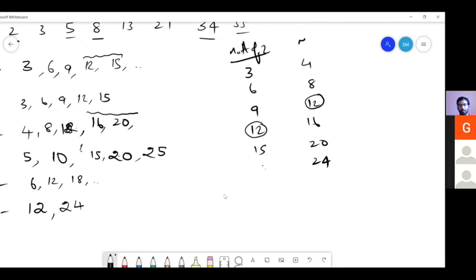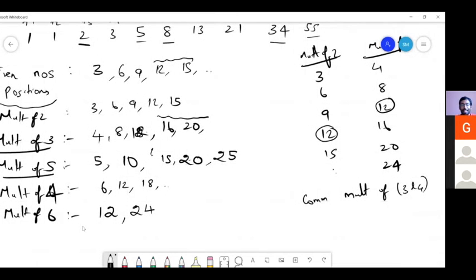All common multiples of 3 and 4 will be multiples of 6, I mean in the Fibonacci sequence.